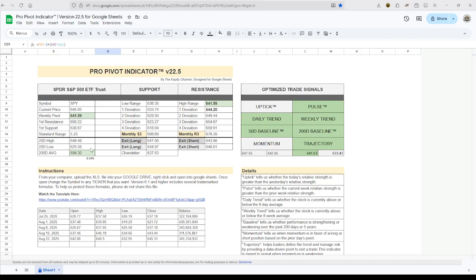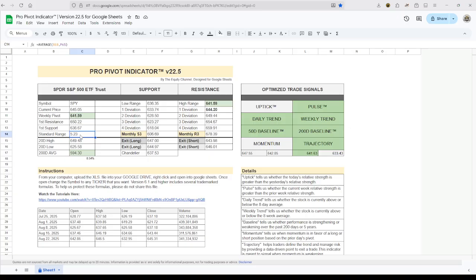We have our standard range. This standard range is a unique formula that only exists here at the Equity Channel.